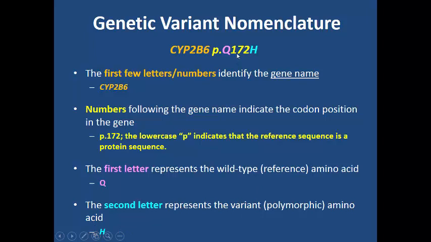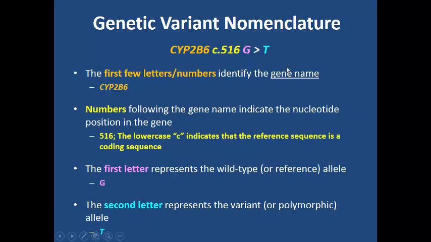I'll review this again. In the CYP2B6 gene, we're talking about it here at the protein level. At codon 172 in the CYP2B6 gene, there are two possible alleles or amino acids, if you will, Q or H. And if you take 172, the codon, and multiply by 3, guess what you get? You get 516.